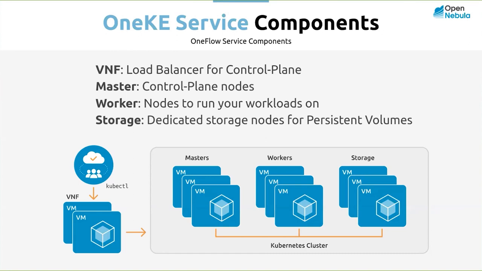First one is VNF, which stands for Virtual Network Functions. It's very similar to the virtual router in OpenNebula, and it has a couple of functions inside the cluster. First, it's implementing NAT. Because to deploy OneKE, you need 2 virtual networks, private and public ones, and VNF implements NAT between the private and public networks.